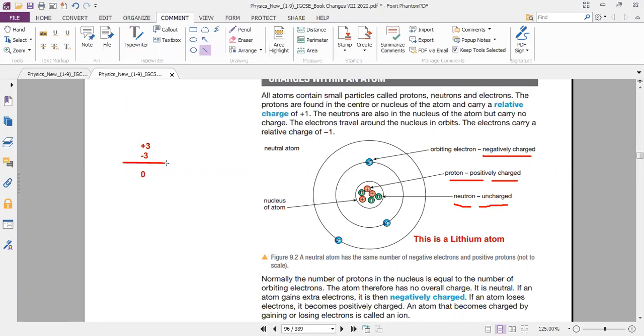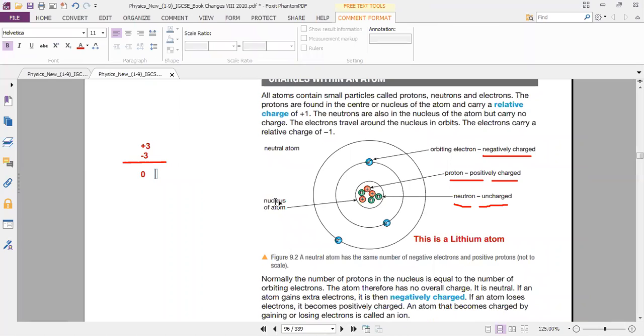The overall charge of an atom is 0. And when this atom loses or gains electrons, the overall charge does not remain 0, rather it changes. So this is the overall charge of an atom. I'm writing here.